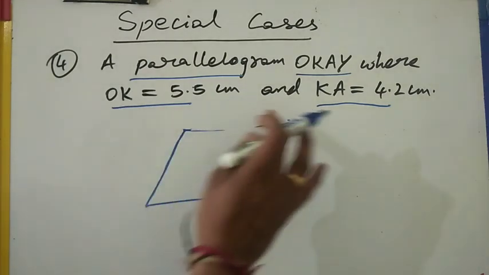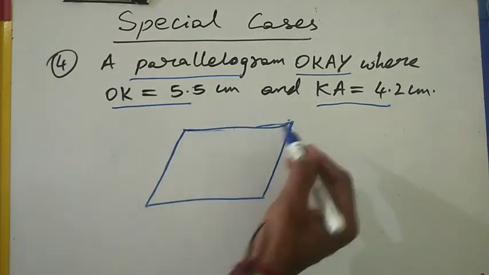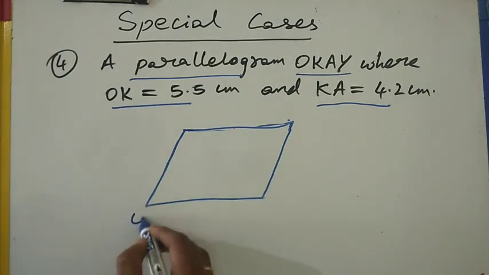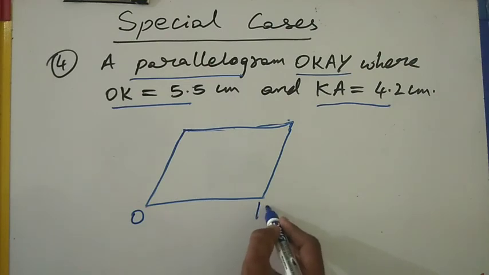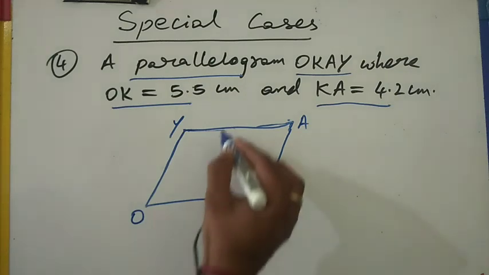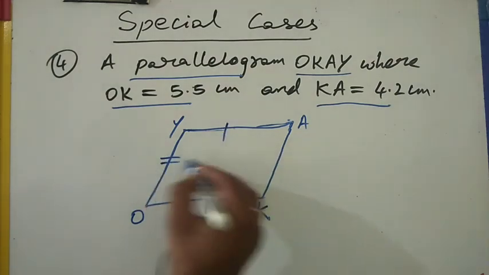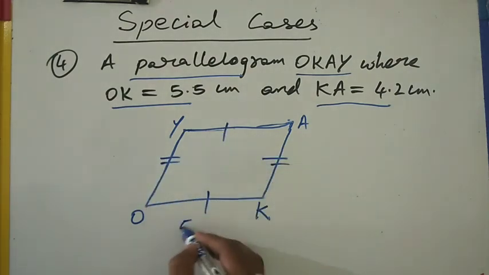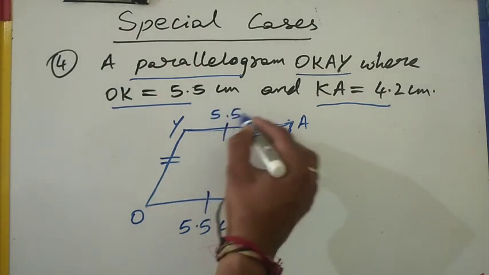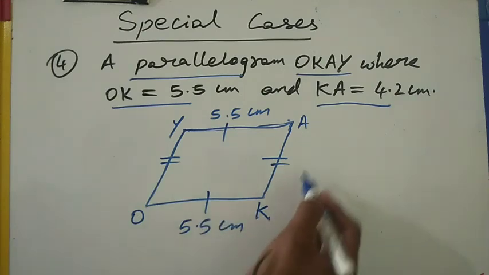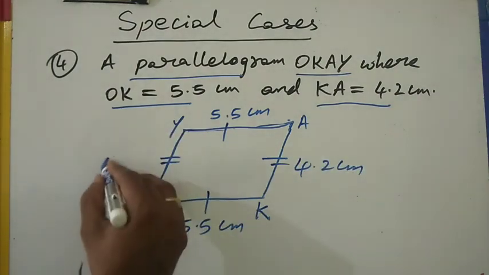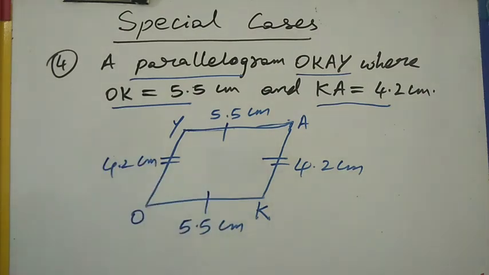See, here in this special case, we know the properties of a parallelogram. In a parallelogram, opposite sides are equal. So, if OK measures 5.5 centimeter, then YA is also 5.5 centimeter. If KA is 4.2 centimeter, then YO is also 4.2 centimeter.